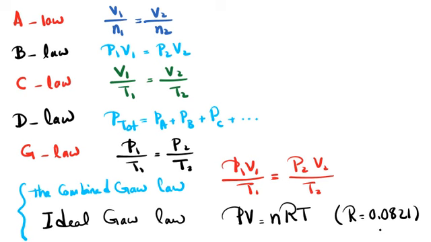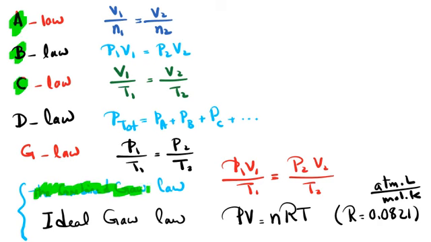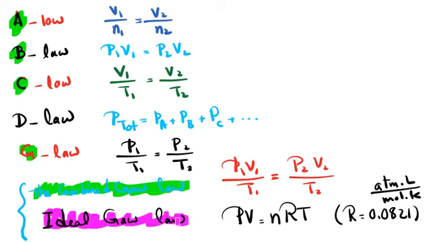For R we may have other numbers as well, but this number is in atmosphere times liter over mole K. As you see here, the equations of Avogadro's, Boyle's, Charles' law, and the combined gas law are going to apply with Gay-Lussac's law. They are going to apply for the final gas law, the ideal gas law.